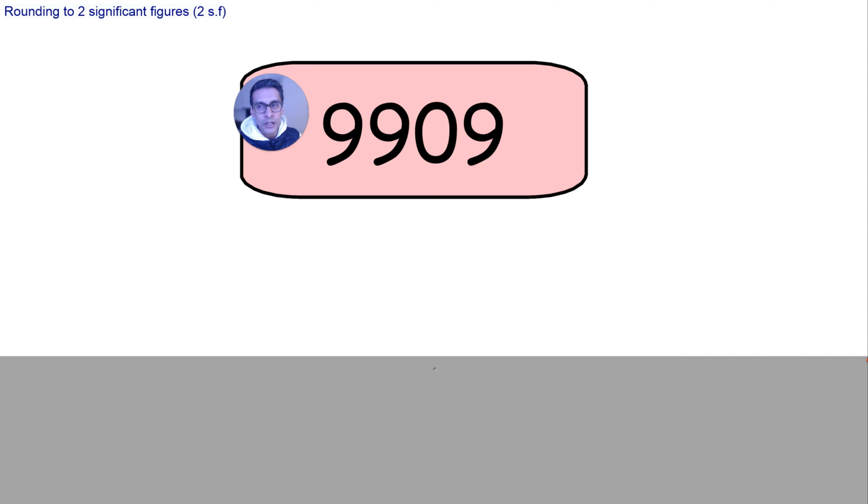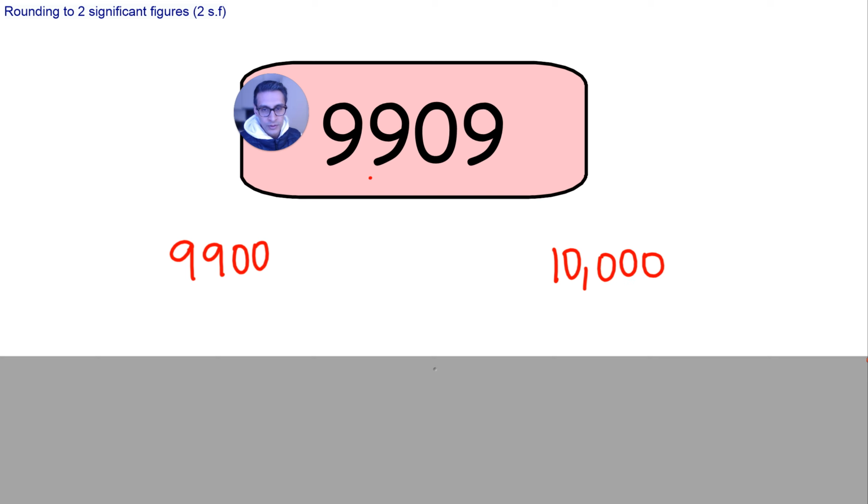Now, because there's more nines in this video, you're going to see that we may have to round up, for example, as you'll see in this example. So the first significant figure is this 9, the second one is this 9 here. The place value is in the hundreds column. So what we can say is we're rounding to the nearest 100. 9,900, if you add 100 to that, that gives you 10,000.